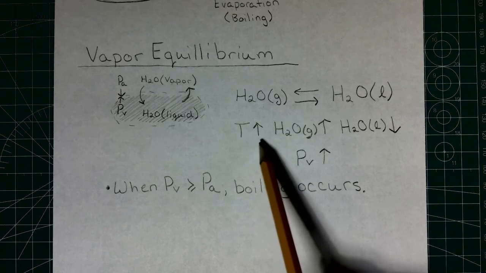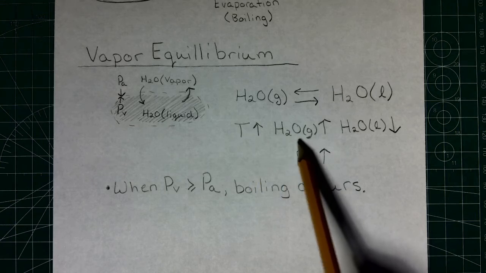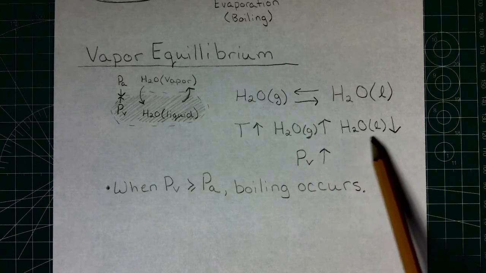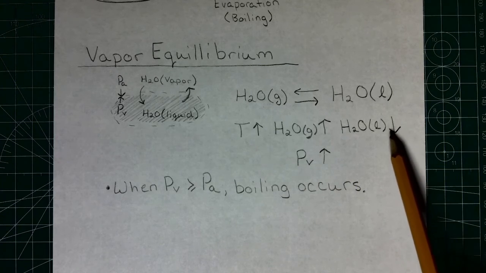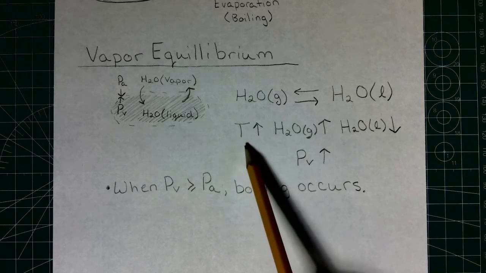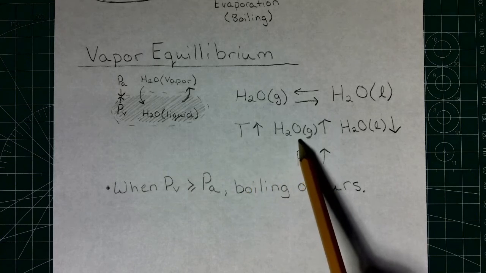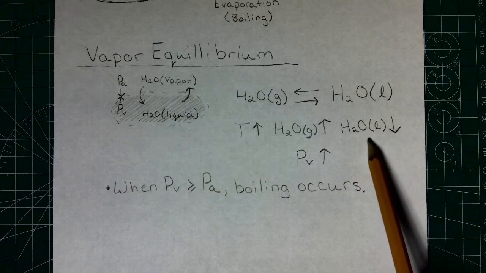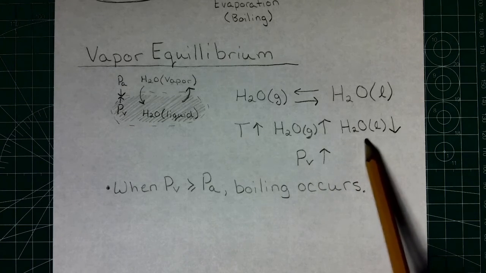So, as temperature goes up, the amount of water in the gas phase is going to go up. The amount of water in the liquid phase is going to go down. And conversely, if the temperature went down, the amount of water in the gas phase is going to go down. The amount of liquid water would go up.